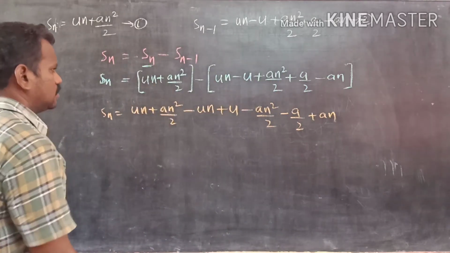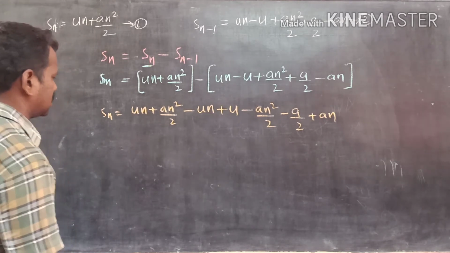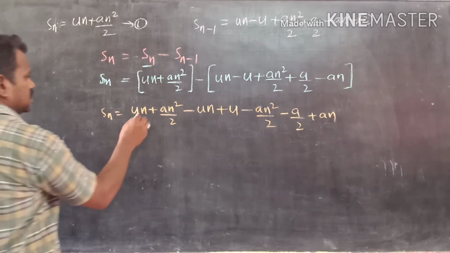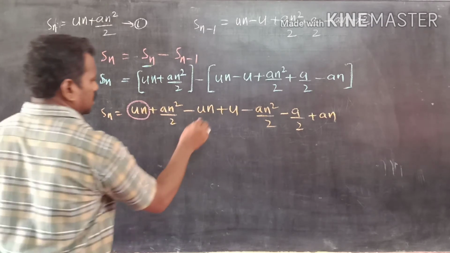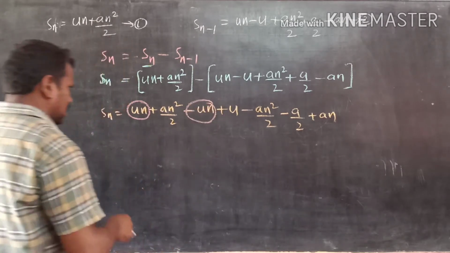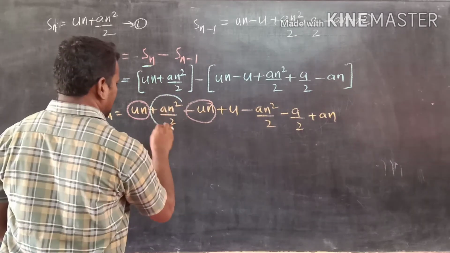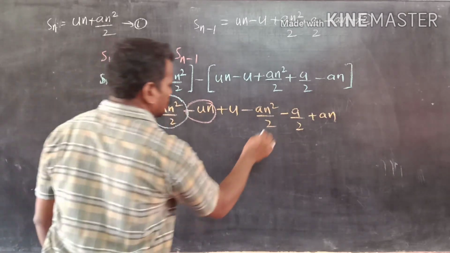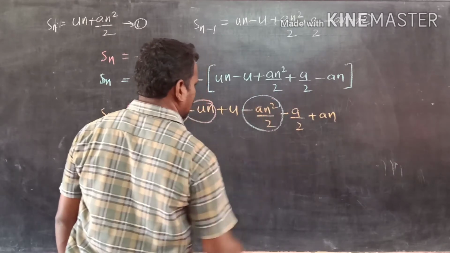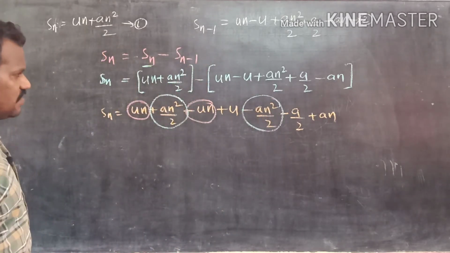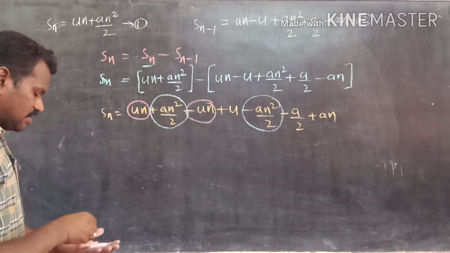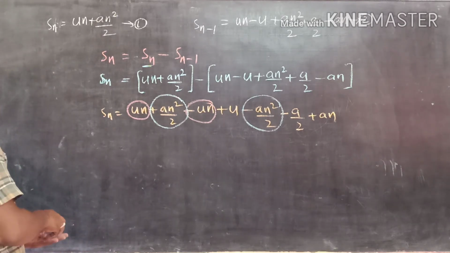Now observe, some common terms are there. The common terms are un and minus un, which will get cancelled. Next, one more common term: plus an square by 2 minus an square by 2 cancel. Then what is the remaining that is left with us?